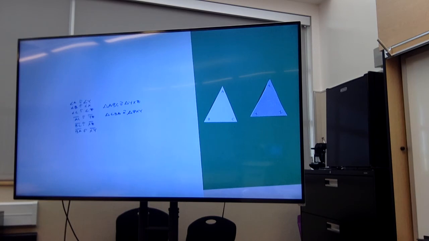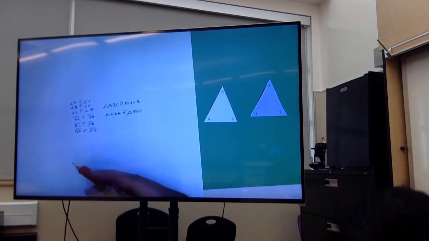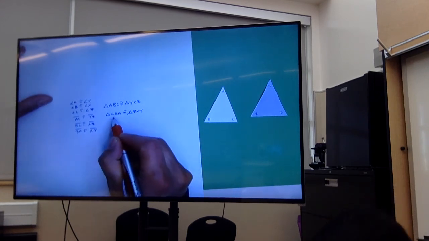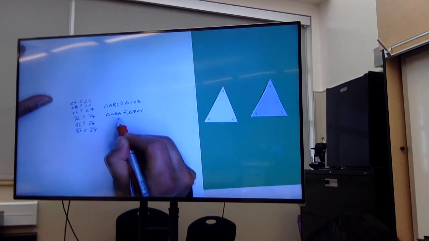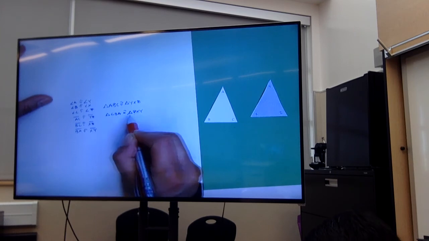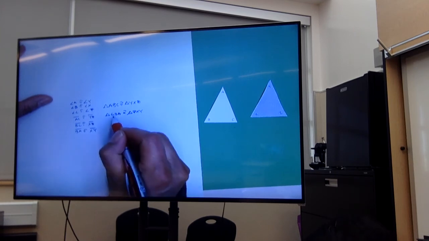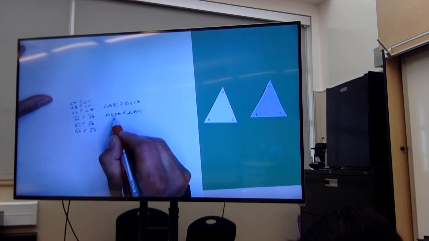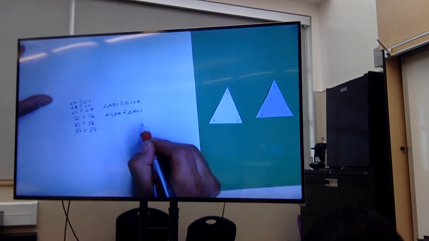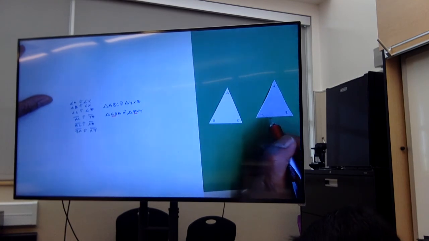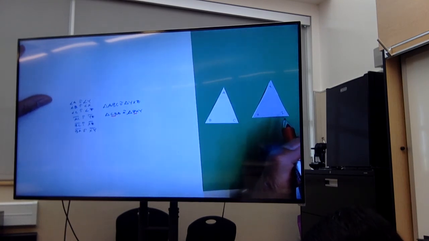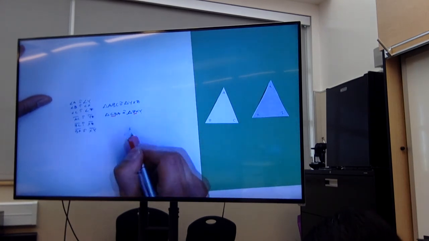So a couple things to note. One is that if you just look at the statement here, the C matches the Z, the B matches the X, the A matches the Y, but also notice that these two letters next to each other, CB, match these two letters next to each other, ZX.